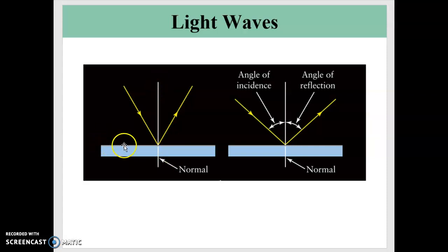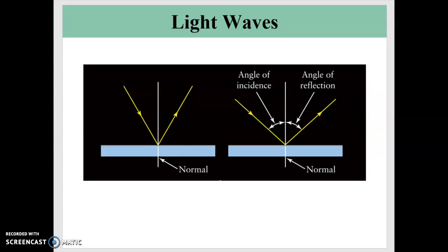So if I have a flat surface and I draw an imaginary line that's perpendicular to that surface, then I can think of the angle of incidence and the angle of reflection as being symmetric about that imaginary line if I think of the rays meeting the surface and reflecting off of the surface right at the point where the normal and the surface meet, okay?